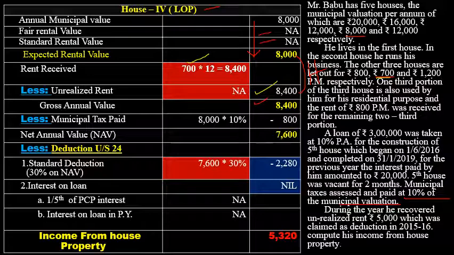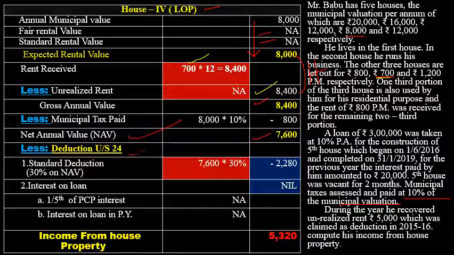So 800 is the municipal tax. So balance 7,600 is the net annual value. 8,400 minus 800, the balance is 7,600, the net annual value.